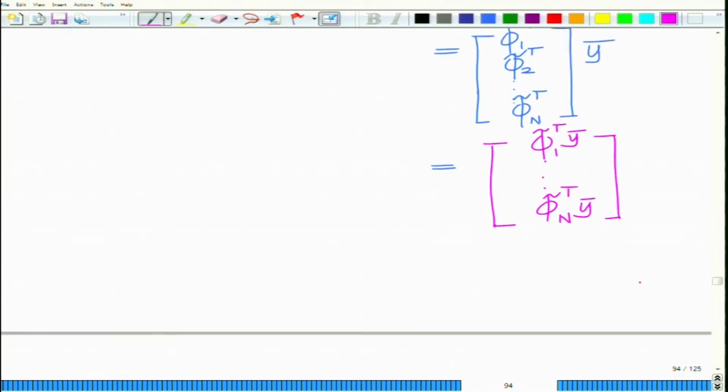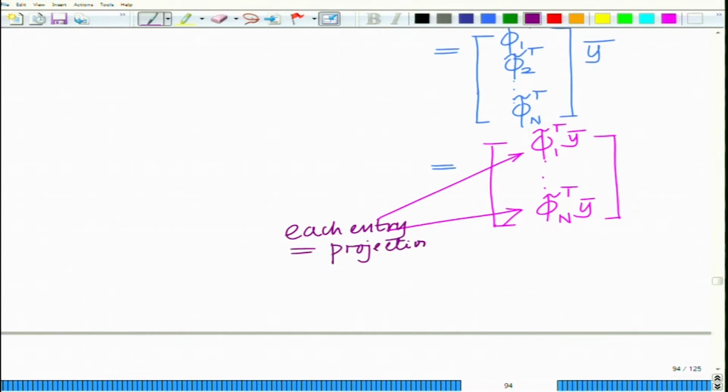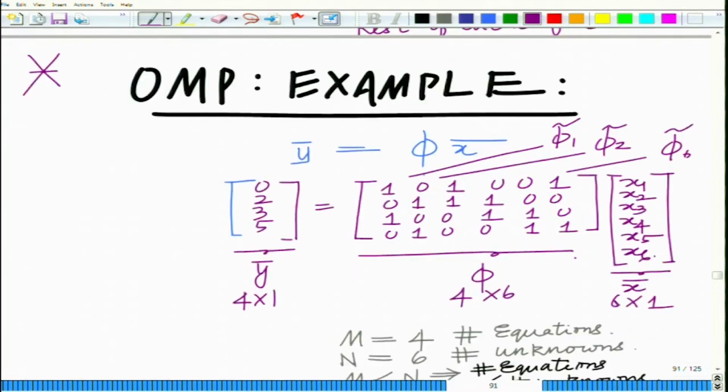So each entry equals the projection of y bar on a column of phi.